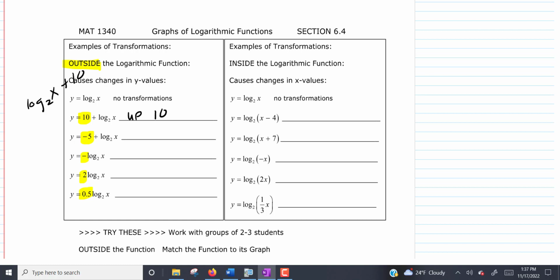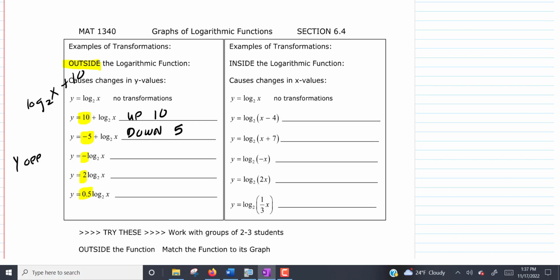Okay, how about the next one, negative 5? That's the same as subtracting 5. So what's that going to do? There you go, down 5. Okay, now the next one, what this does is it makes the y become opposite. So what does that do? Be careful about the axis.